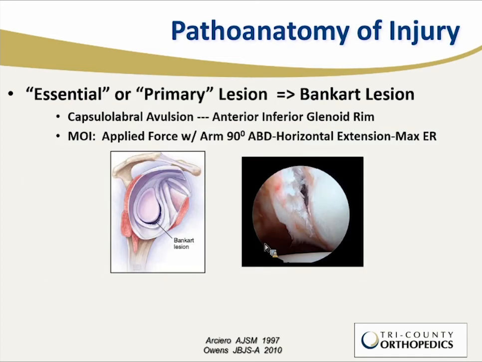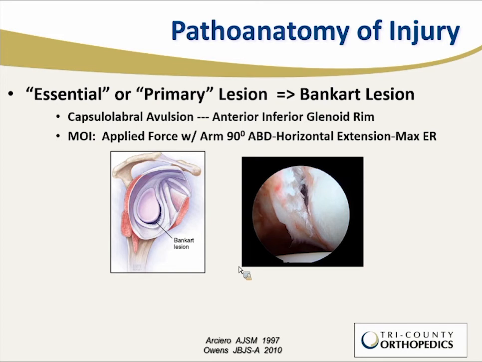So what is the pathoanatomy of injury? What is injured? The essential or primary lesion is what we call the Bankart lesion. And that just means a capsulolabral avulsion. So the connection, as you can see with the arrow where it says Bankart lesion on the left, is the capsulolabral attachment to the anterior inferior glenoid rim. And the picture on the right is looking down from a front viewing portal.